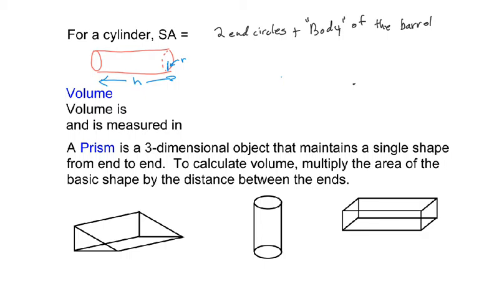This time we'll actually show the equation. So this is equal to 2 times pi r squared for the area of the circles plus 2 pi r h.